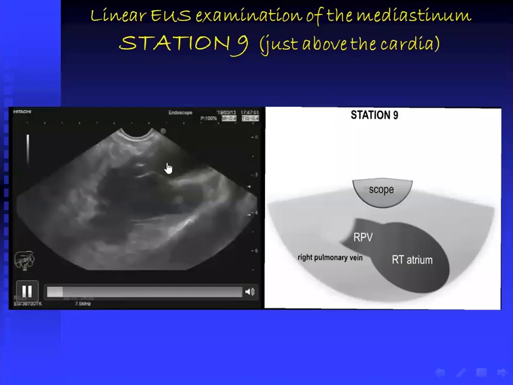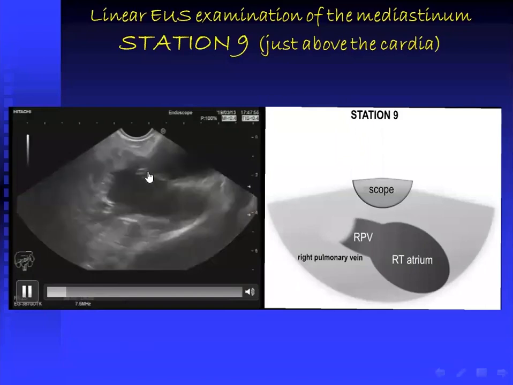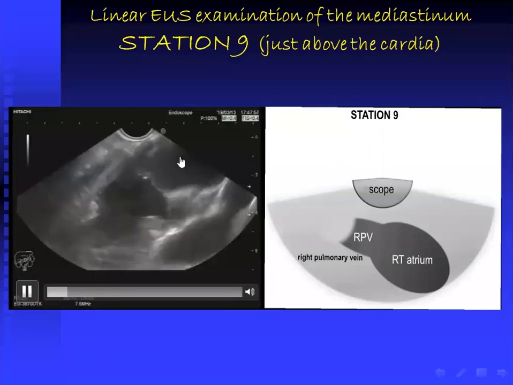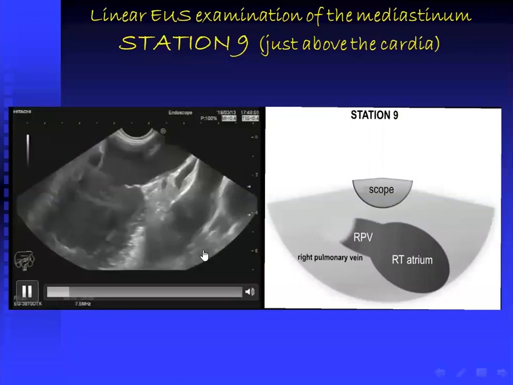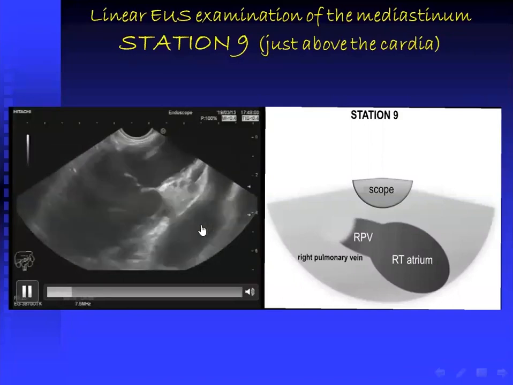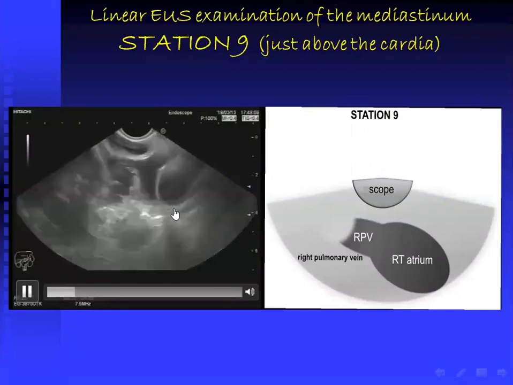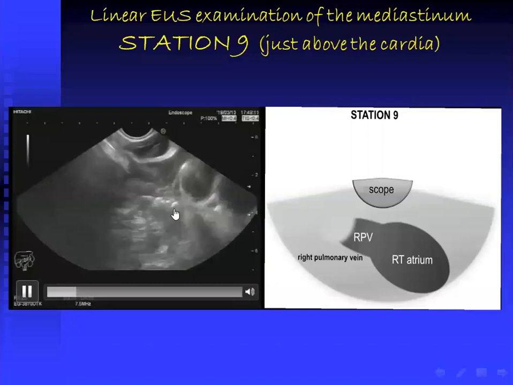And when I turn clockwise, I can see the mitral valve and left ventricle. So this is the left atrium and left ventricle, and this is the pulmonary trunk. And I can see also the aortic root, and I keep withdrawing the echo endoscope till the subcarinal area.